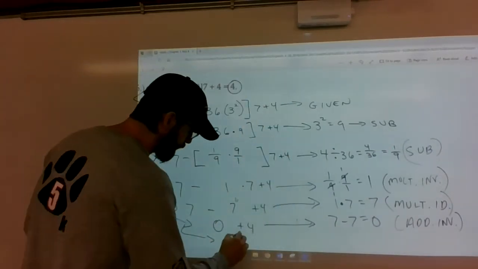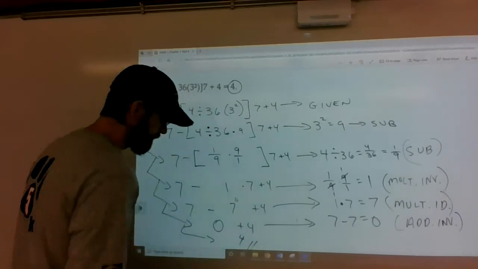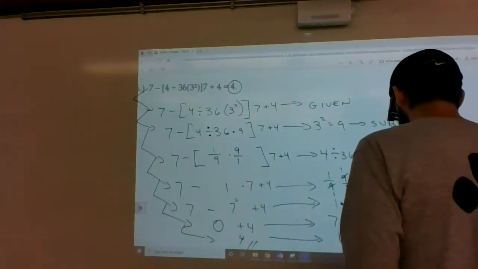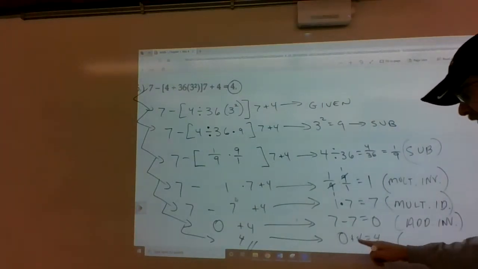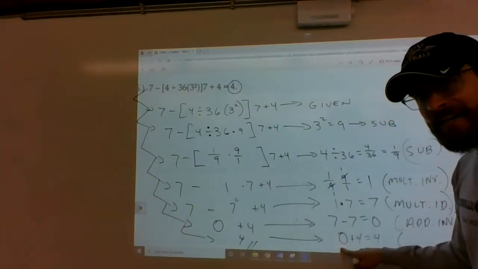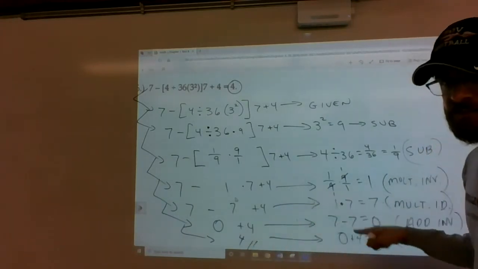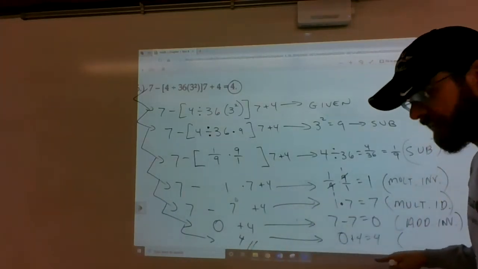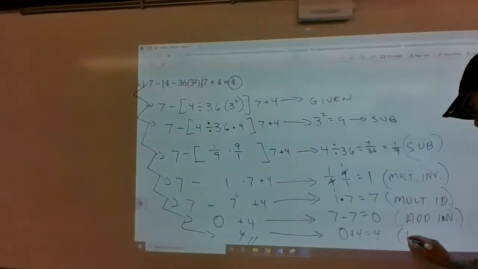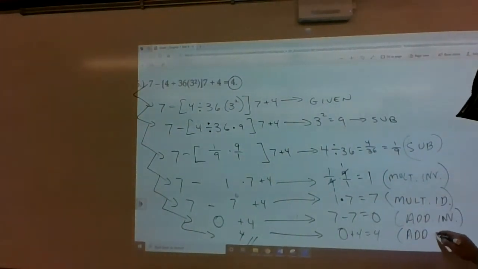That's what we were trying to prove. All right. And we finish up with the additive identity. Anything plus 0, or anything minus 0, or 0 plus anything, or 0 minus anything is the additive identity. Can you guys see that?